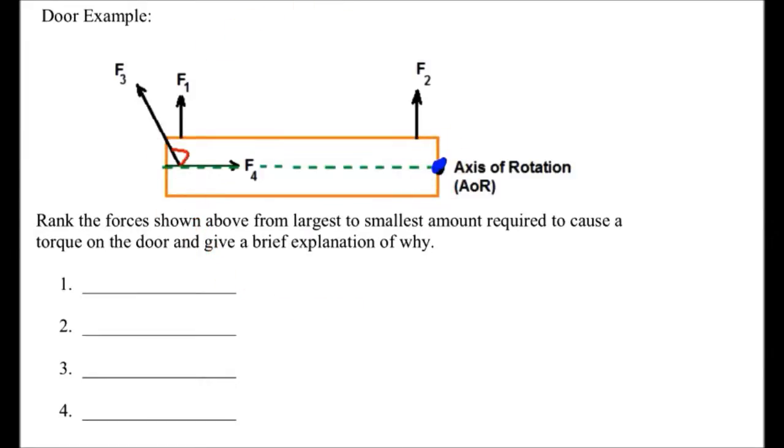The question says, rank the forces shown above from largest to smallest amount required to cause a torque on the door, and give a brief explanation of why. So we're trying to figure out, from largest to smallest amount of force required to give the same amount of torque, or cause the same amount of rotation in the door. We're going to use our torque equation to help us do this. So I'm going to bring that back out here.